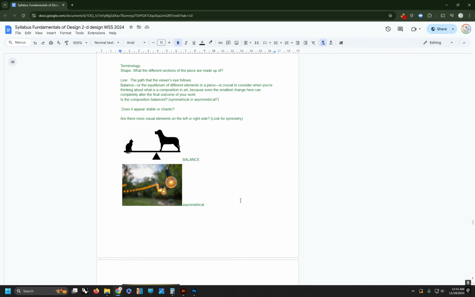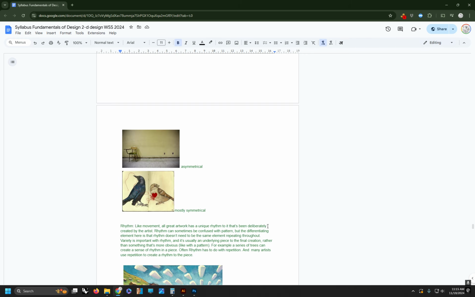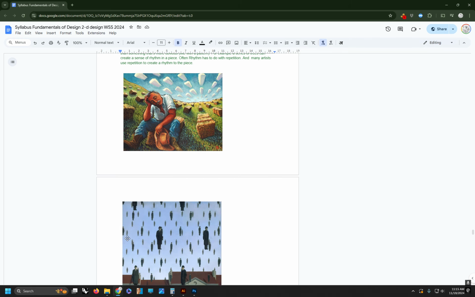Since you have a magazine with you, look around in that magazine, first 3 or 4 pages, and mark down things that are symmetrical, asymmetrical, and things that have elements of rhythm or repetition in a repeating form, like these.